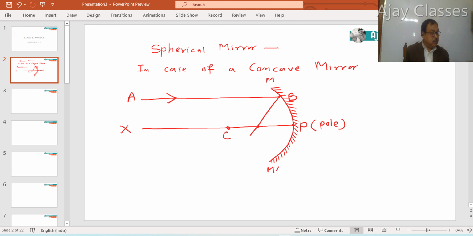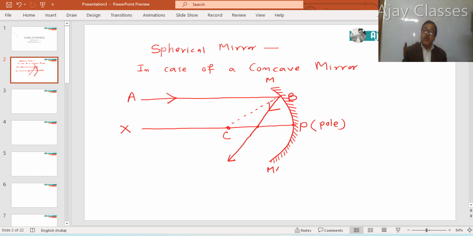This is the reflected ray. Give the arrow sign here once again. And we join C to the point where the ray of light is incident and bouncing back.